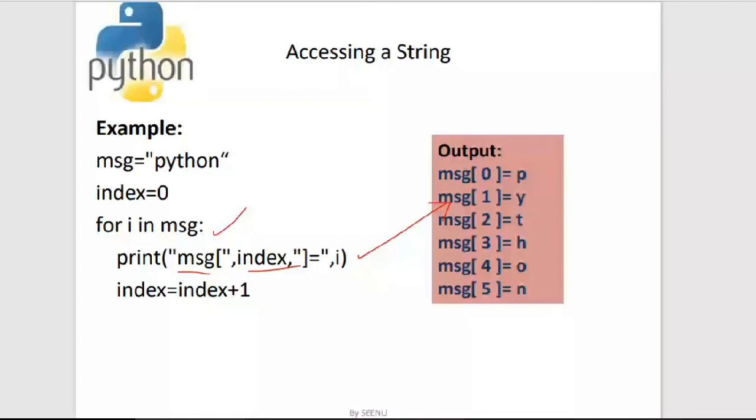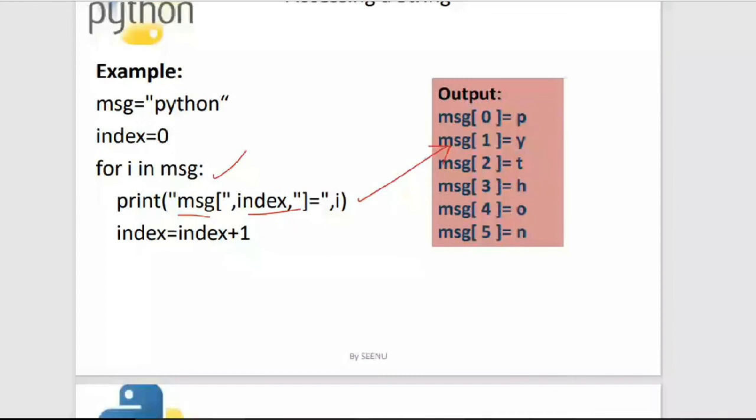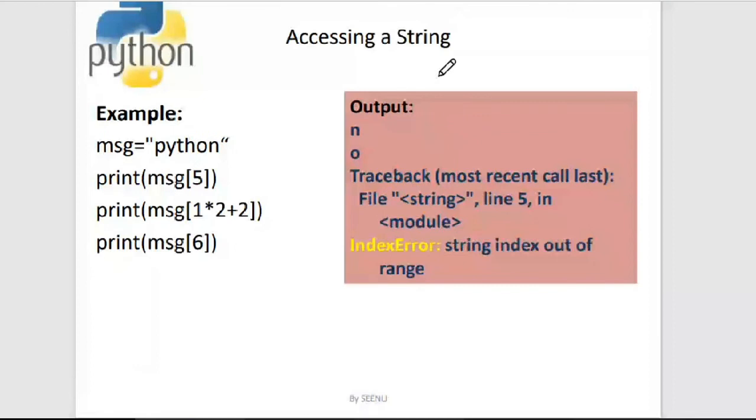Another example for accessing the characters of a string is that I can directly give the index value. This is the beauty of an array. Does an array support random access or sequential access? Can I get an answer for this, girls?